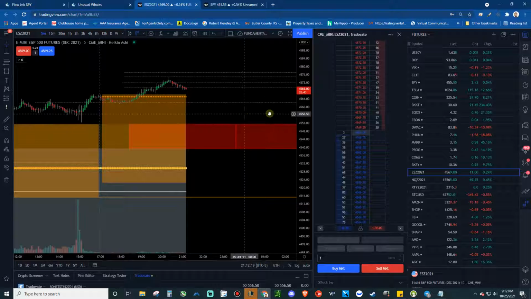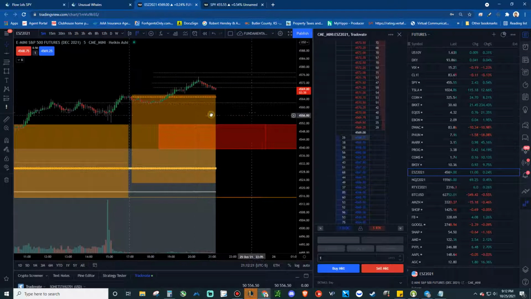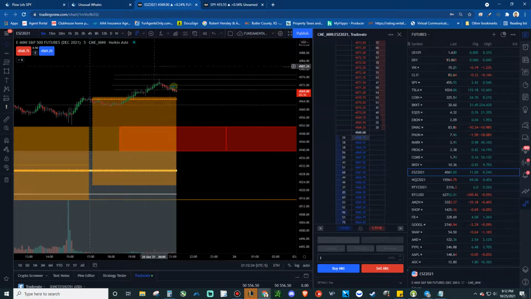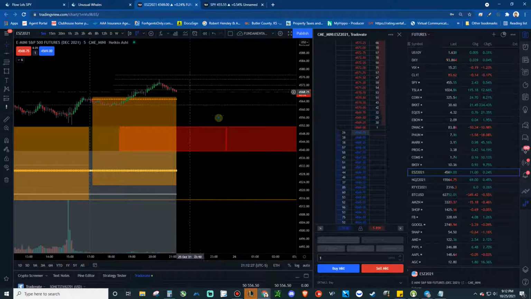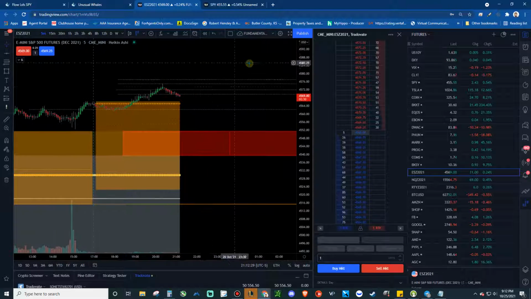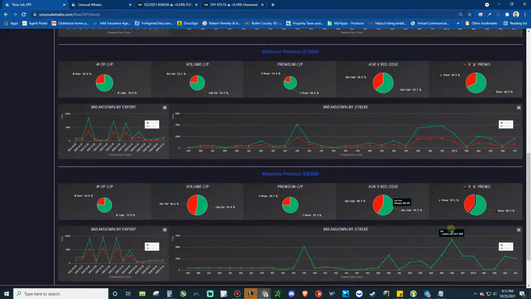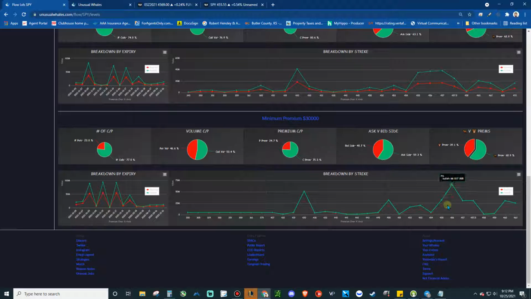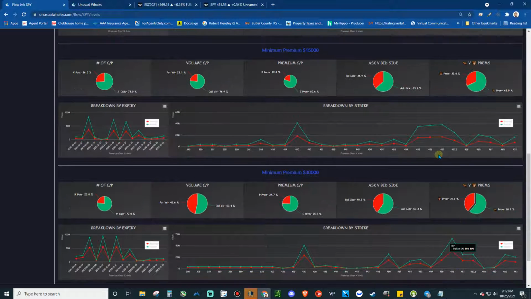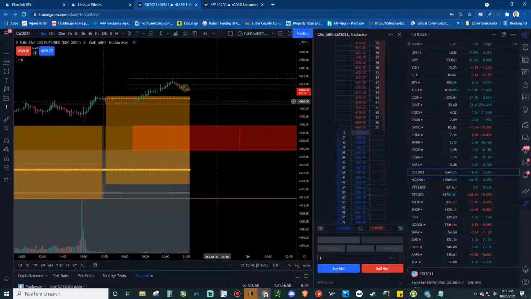Now I'm trying to short this here just because I know it's after hours and we've ripped up. My thesis is that we still go higher, and we probably break all-time highs again this week. But given the fact that SPY premiums are concentrated in this level here, the 455s, like 458s, that's going to coincide with ES, basically where we're at right now.